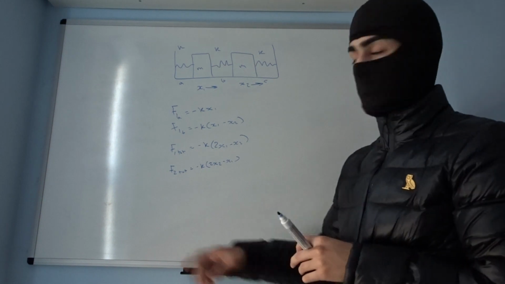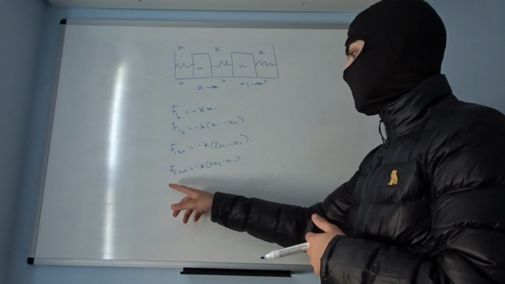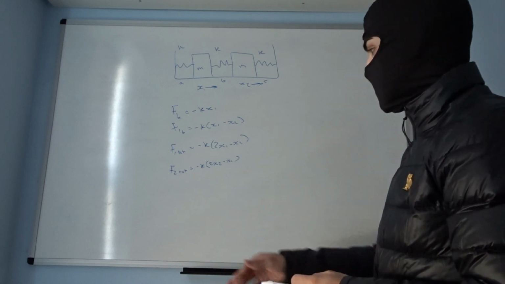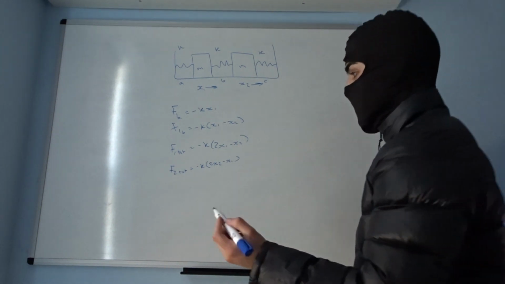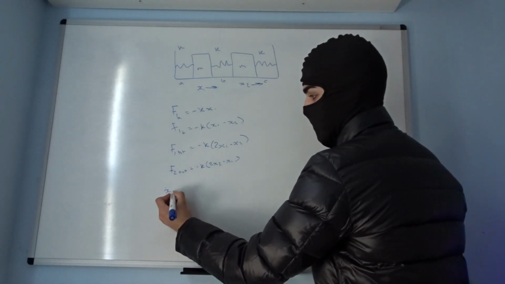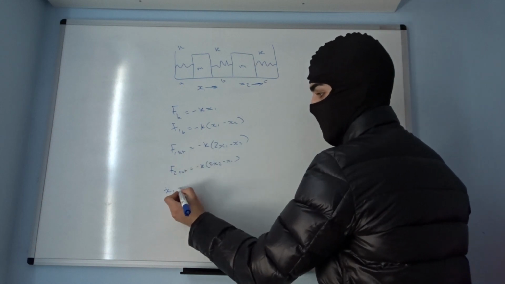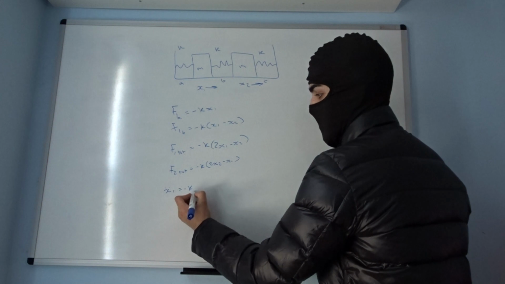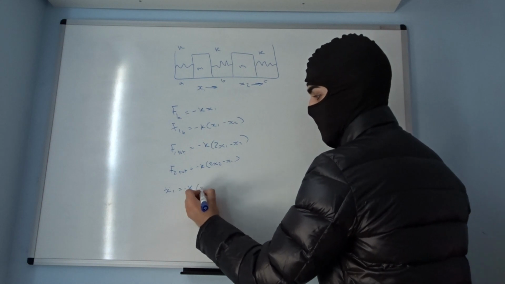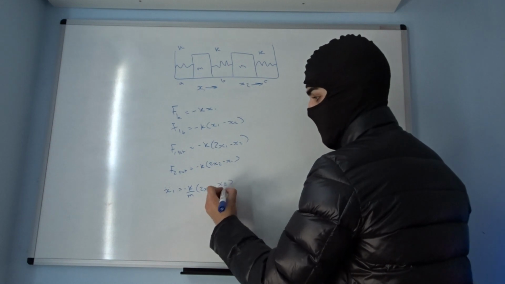Alright, so what we learned from the last video, Newton's second law, F equals ma. If we rewrite this, we can get, for the first one, x1 double dot, acceleration equals minus k over m (2x1 minus x2).